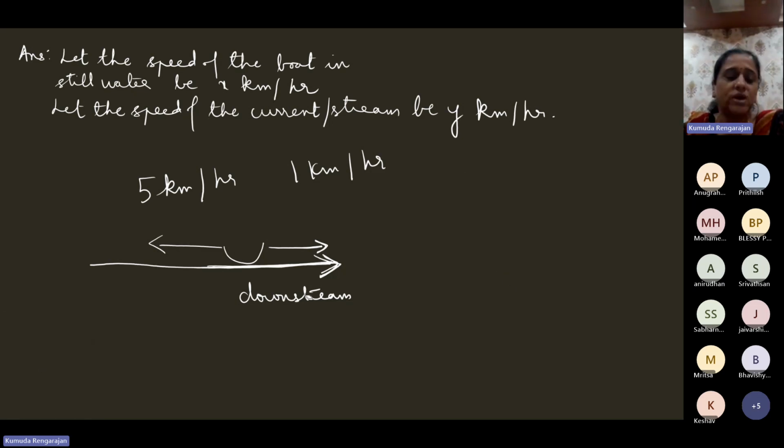Downstream is rowing the boat in the same direction as that of the flowing water. Upstream means rowing your boat in the direction opposite to that of the flowing water. Water flows in one direction, you are rowing your boat in the opposite direction. That is upstream.